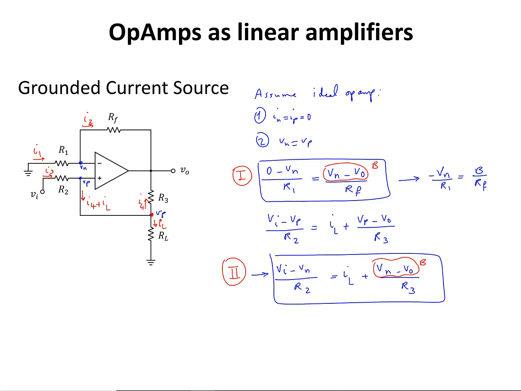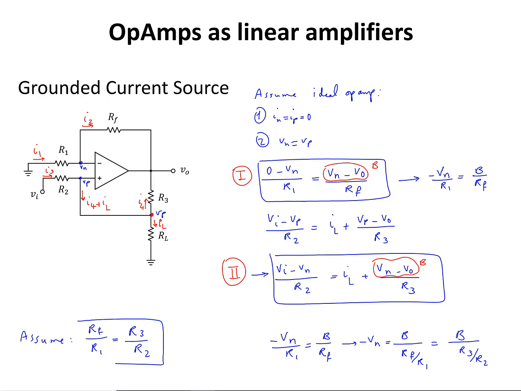Now if we select the resistors such that Rf over R1 would be equal to R3 over R2, then from equation 1 I have negative Vn over R1 equals B over Rf. From there, negative Vn is going to be equal to B divided by Rf over R1, which is the same as B over R3 divided by R2 because of this choice of resistors.